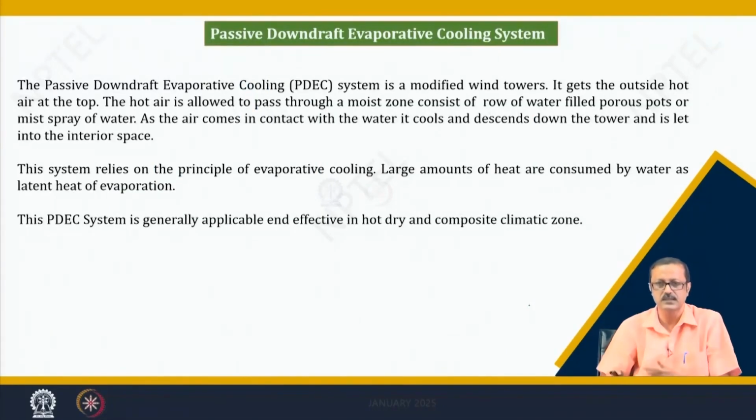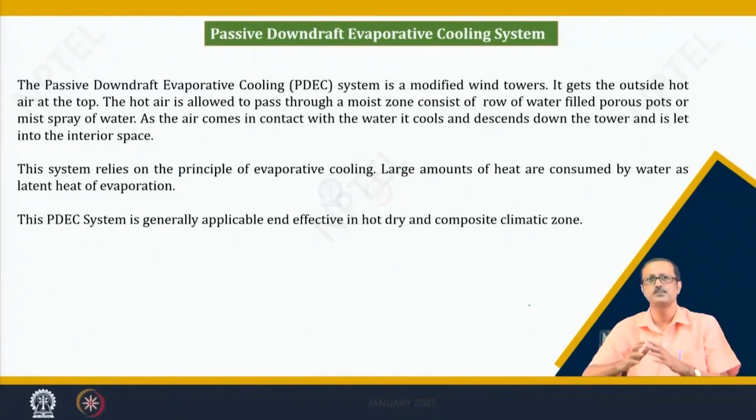So, next we will discuss the passive downdraft evaporative cooling system. This is a purely evaporative cooling system, and it has been used for a long time in some of the desert areas. If you go to areas like the Arabian countries, this system is used widely.